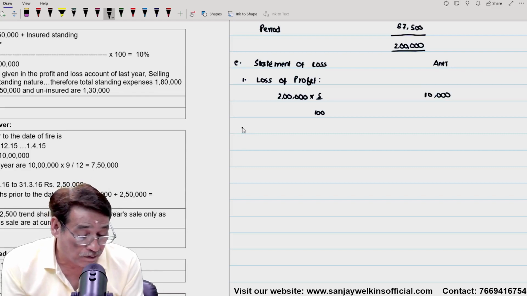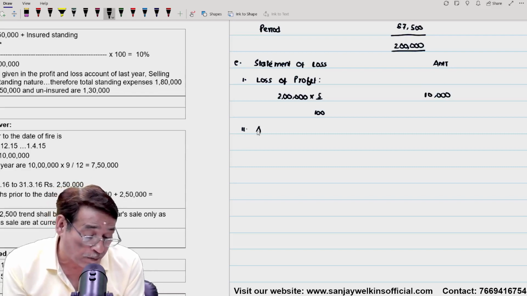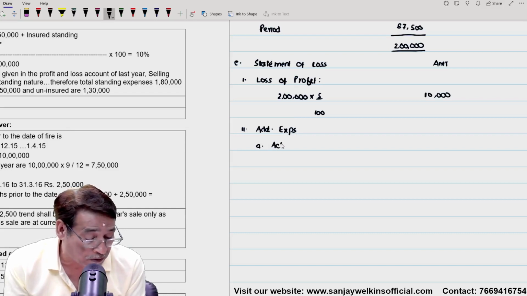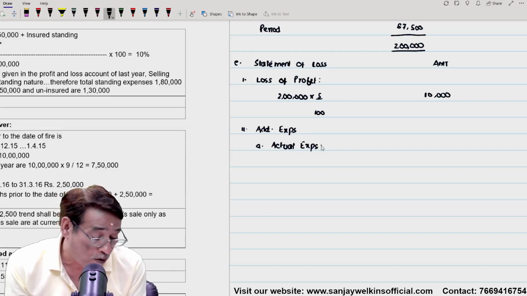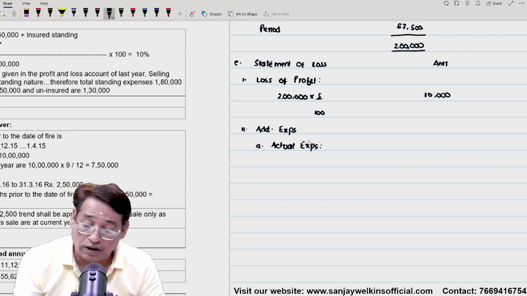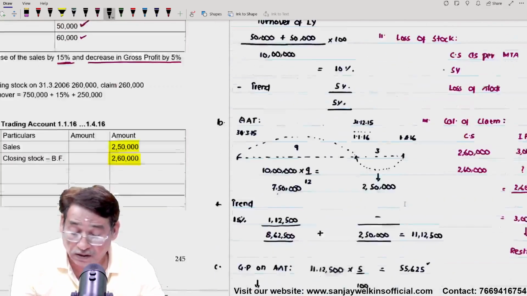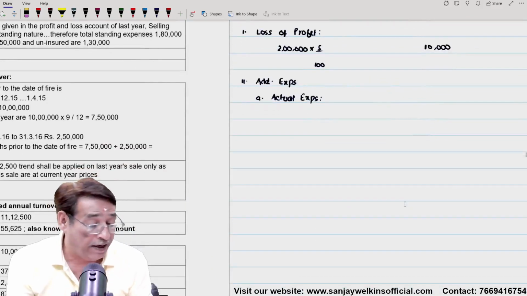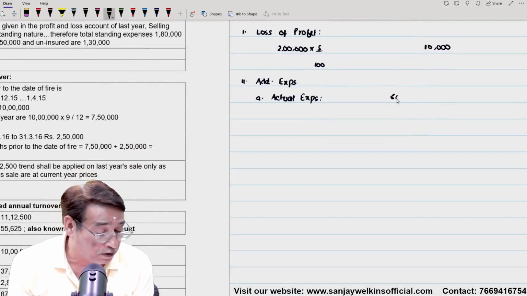Then additional expenses. For additional expenses, we have to compute 3 things. 1. Actual expenses. Actual additional expenses were given to us in this question as 60,000. Actual expenses are 60,000.